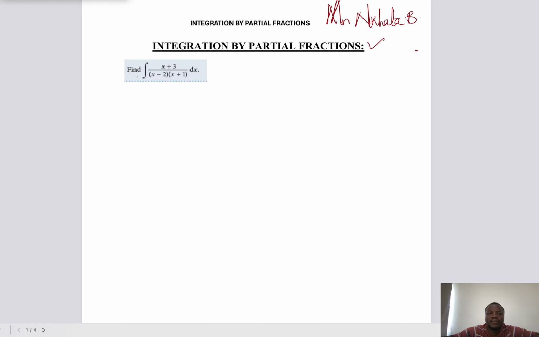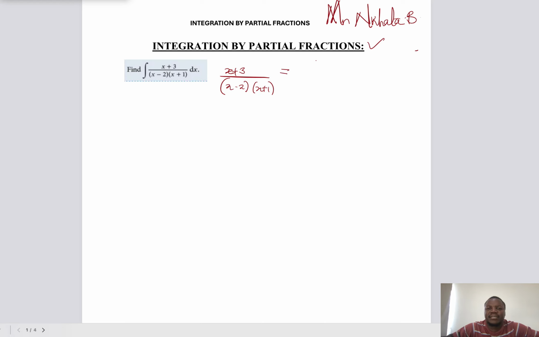From what we did on partial fractions, we've got (x plus 3) over (x minus 2)(x plus 1). If you look at this, there are no repeating denominators here.